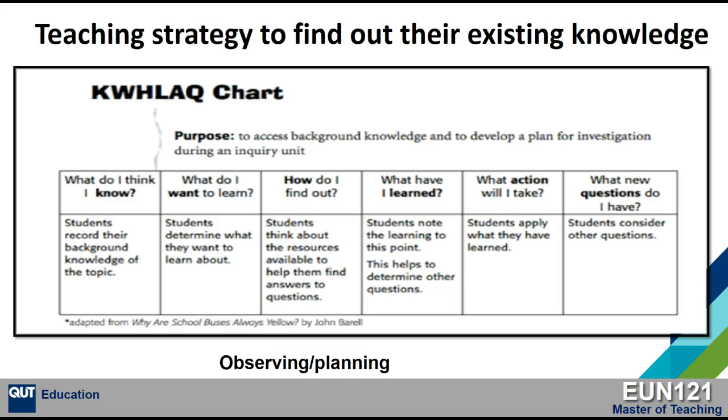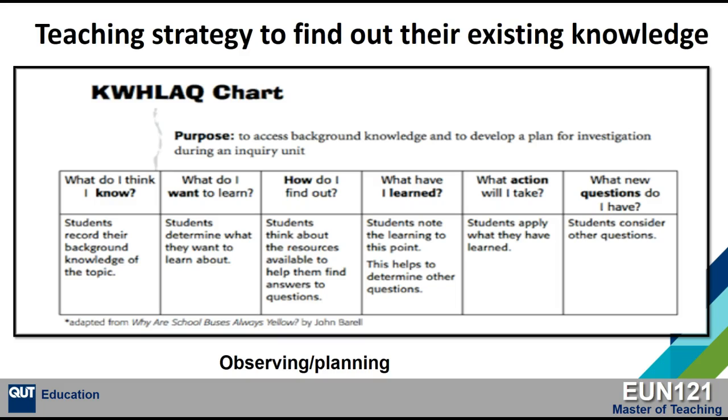What do I think I know? How do I want to learn? How do I find out? What have I learned? What action will I take? What new questions do I have? This method could be applied to a single lesson, a sequence of lessons, or indeed a whole unit of work.